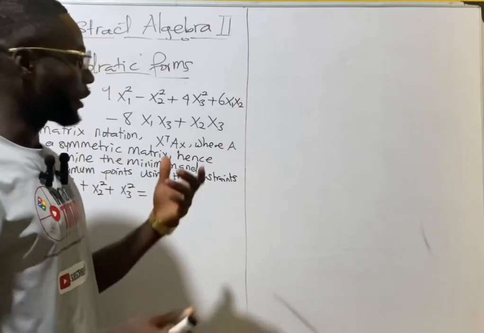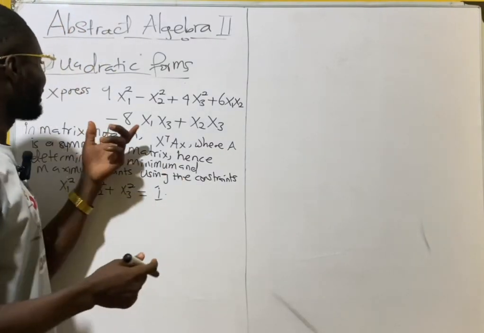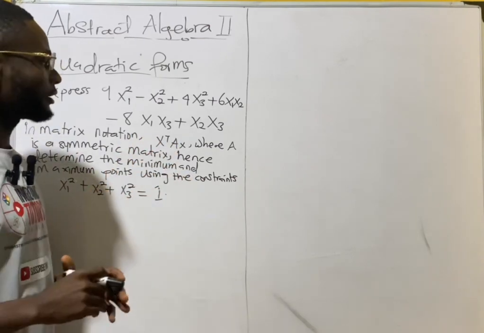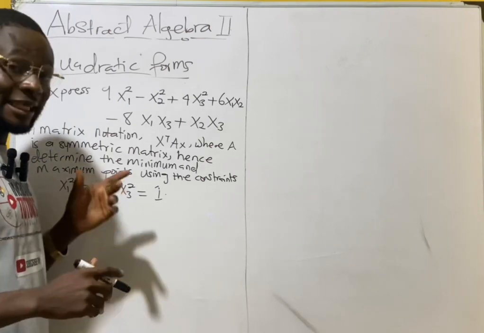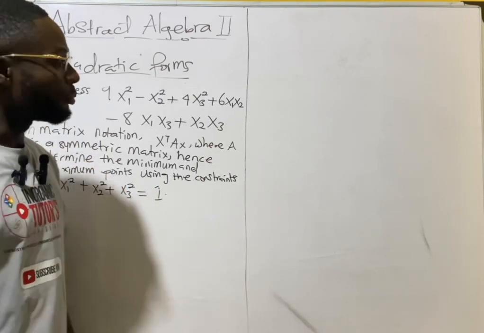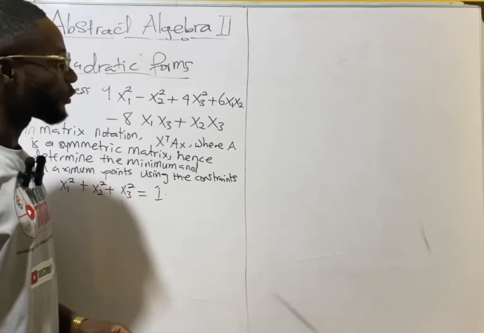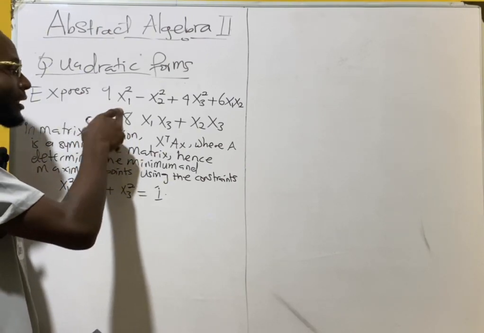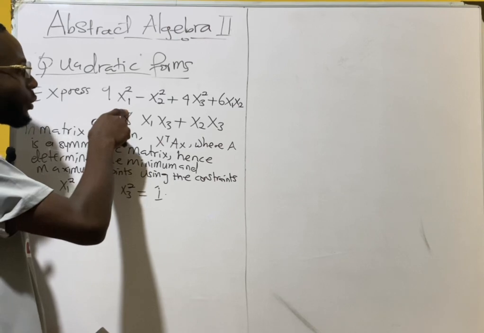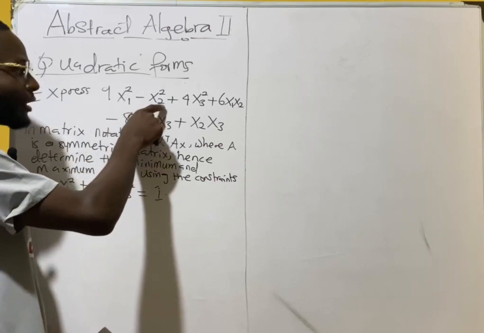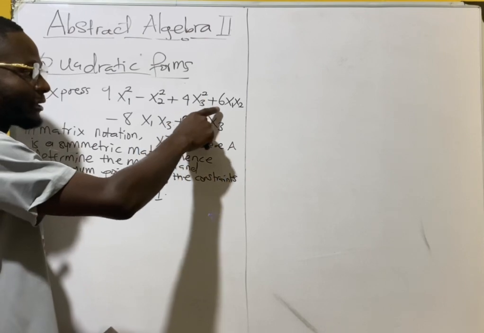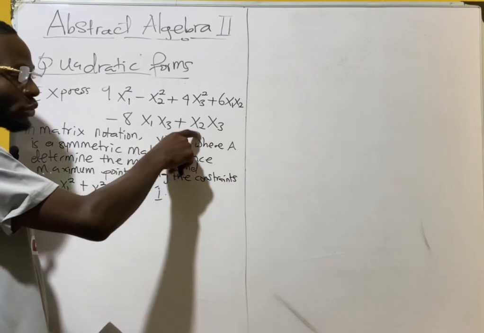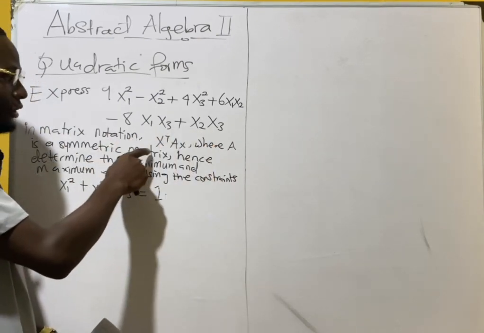All right. Okay. So with this problem of which we are going to result into a 3 by 3 matrix, with this as well, this is what I want you to know before we begin the journey. Okay. So this is the problem. We want to express this 9x1 squared minus x2 squared plus 4x3 squared plus 6x1 x2 minus 8x1 x3 plus x2 x3 in matrix notation, right?